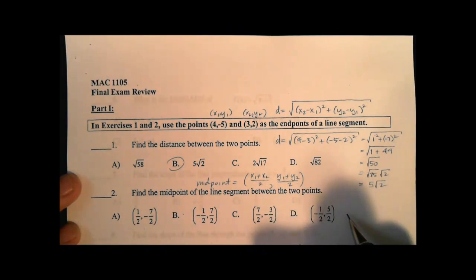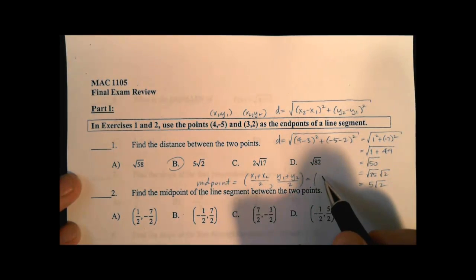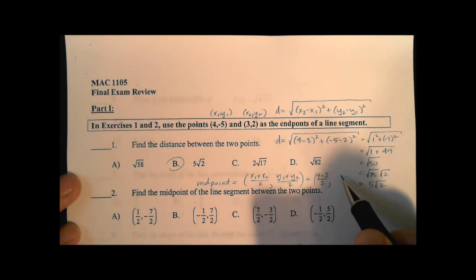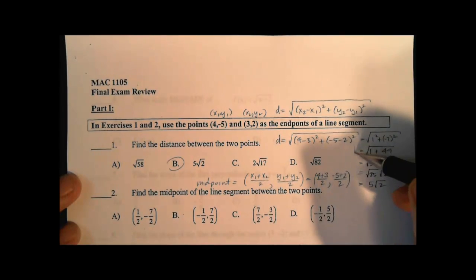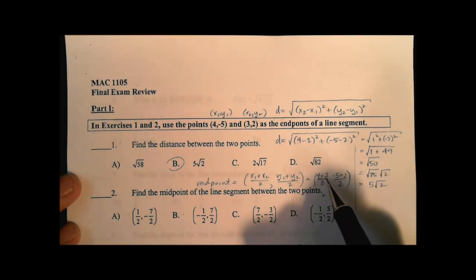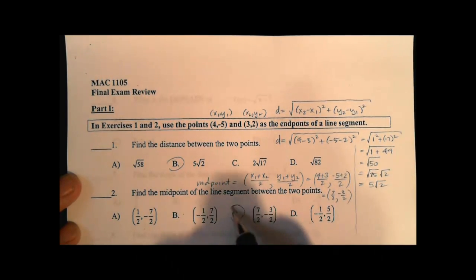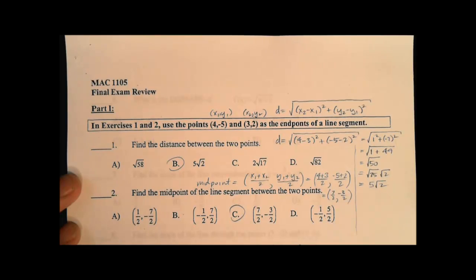And so in our case, we're going to get 4 plus 3 over 2 and -5 plus 2 over 2. And out of that we get 7 halves and -3 halves. So the correct answer here is C.